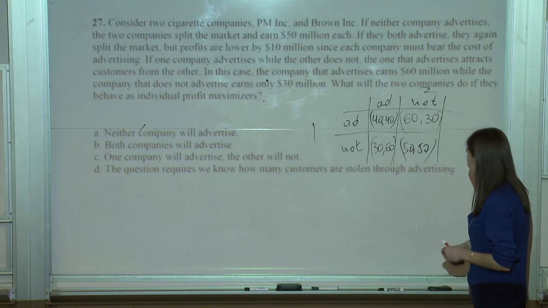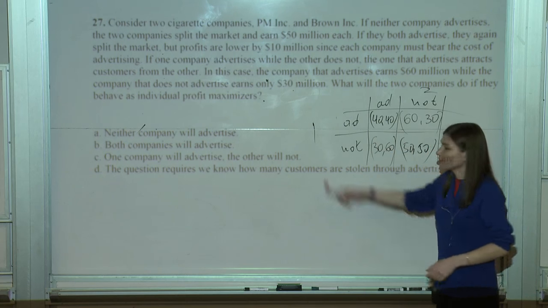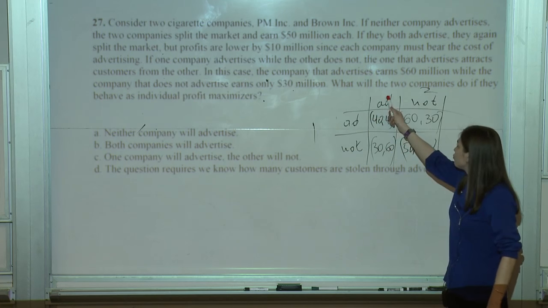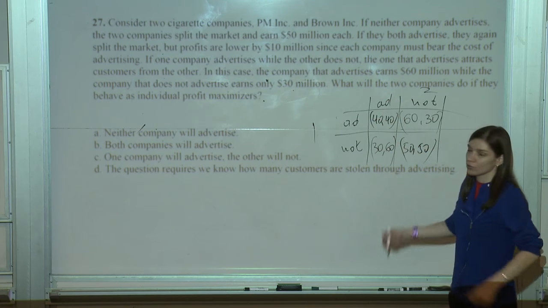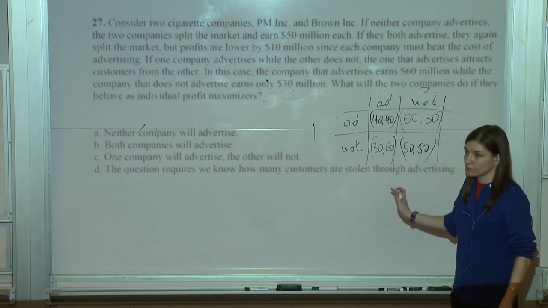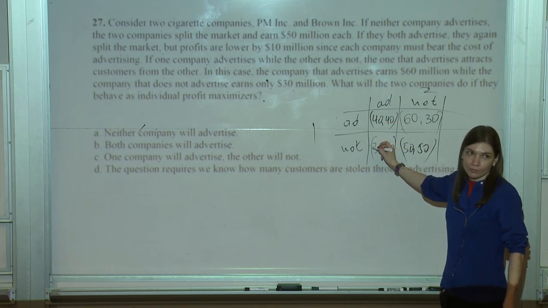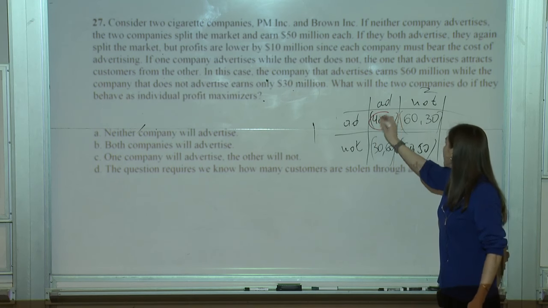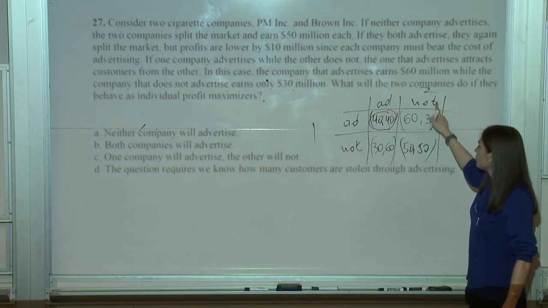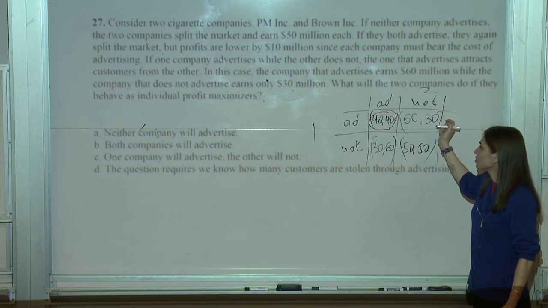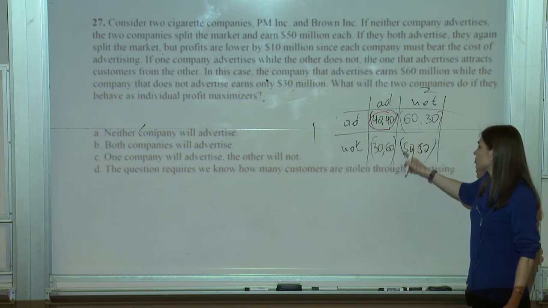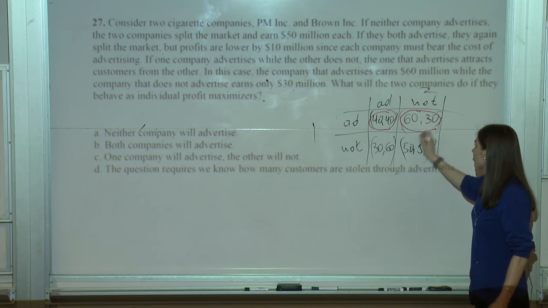Right. Let's solve the game as before. I'm firm 1. If 2 decides to advertise, what's my best choice? Advertise. Agreed? Advertise, because it's 40 versus 30. If they decide not to, what's my best choice? Advertise, because it's 60 versus 50.